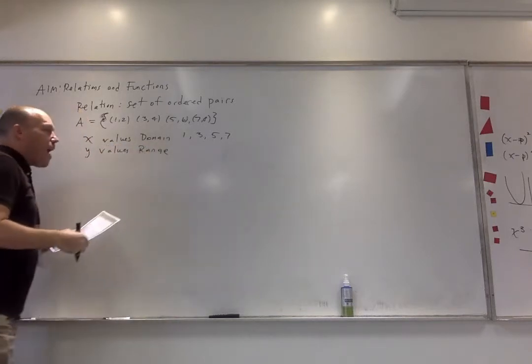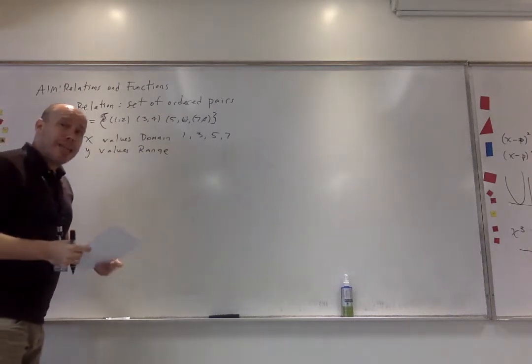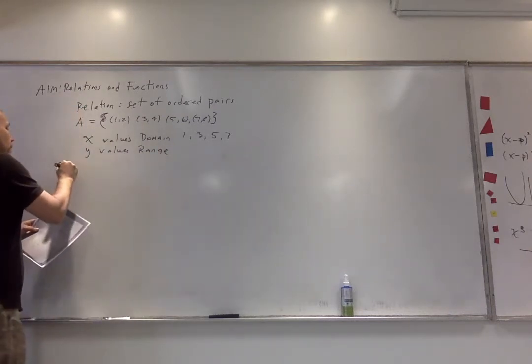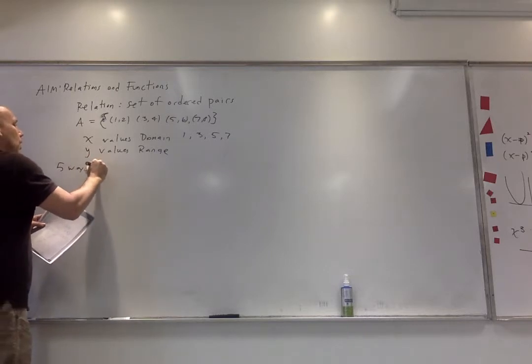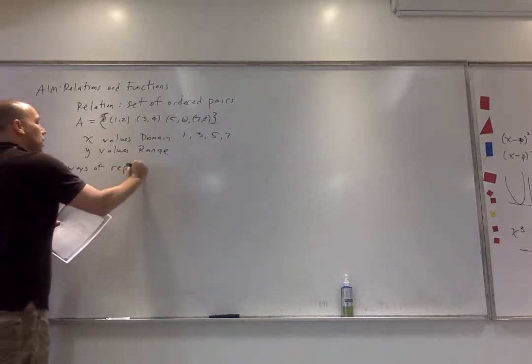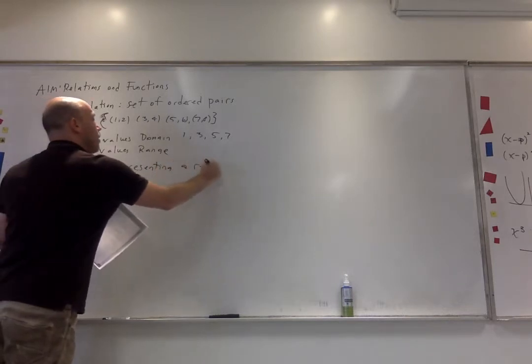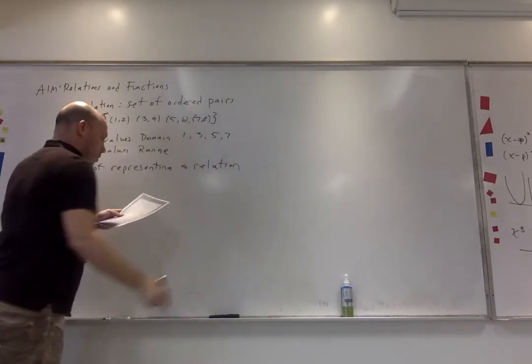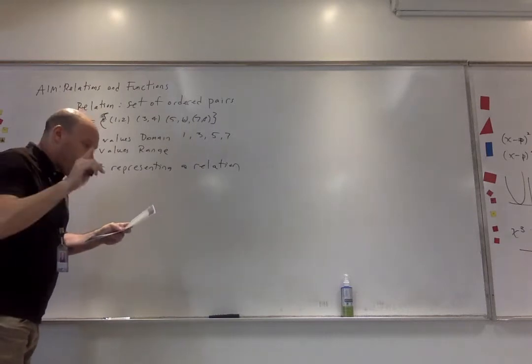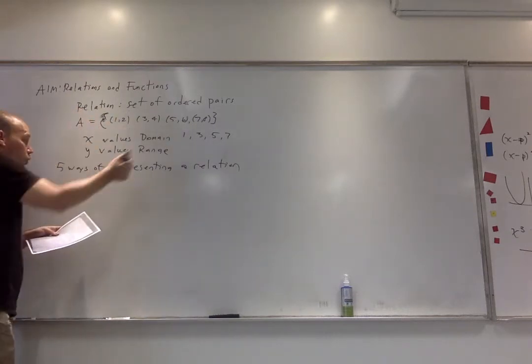And so we have 5 ways of representing a relation. And you've done this before. The first way is a set of ordered pairs.